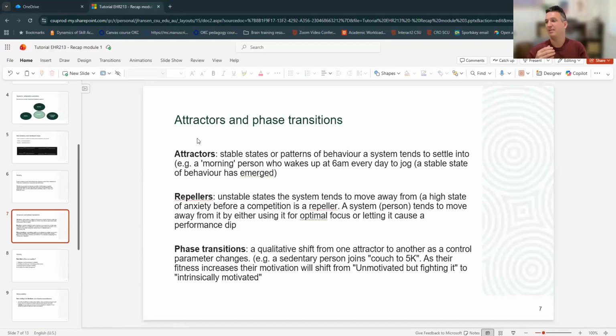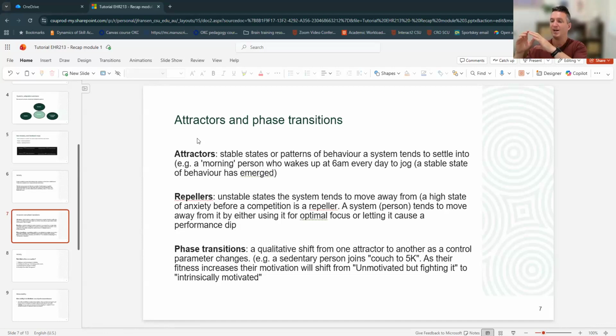For example, you've all heard the saying that if you do something for, let's say, 3 weeks, then it becomes a habit. What is really happening there is that when you repeat something very often, for example, you wake up at 6 a.m. every day to do a jog, a stable state of behavior emerges. It becomes an attractor, the most efficient way to solve the movement problem of getting exercise into your day.